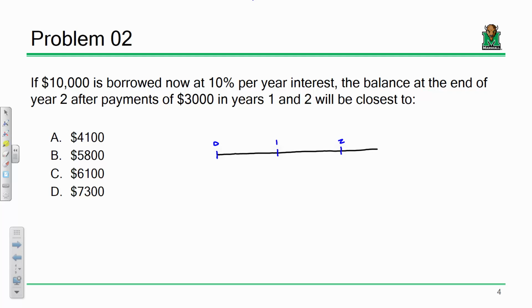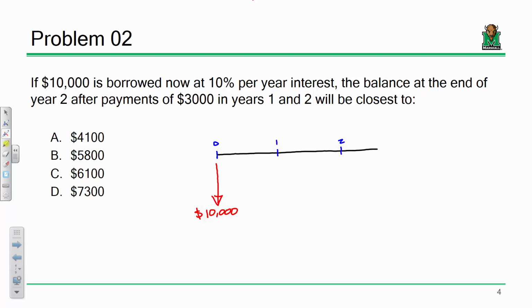So we're borrowing $10,000 at 10% per year interest. What I might do is treat that as money going in. So we'll say we have 10,000 going in.